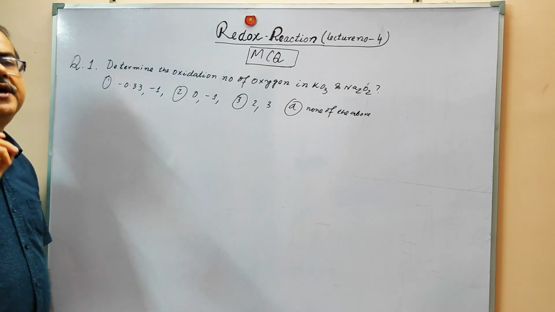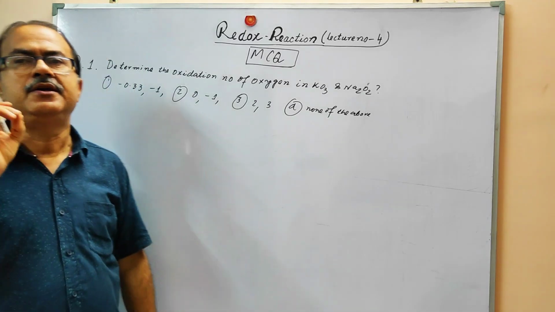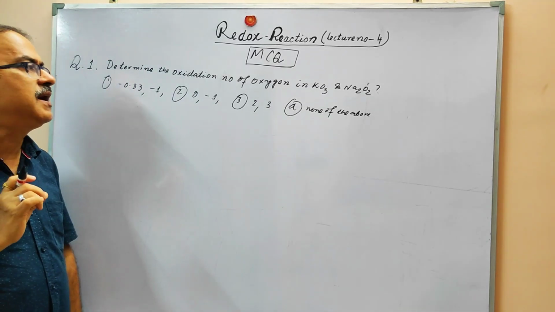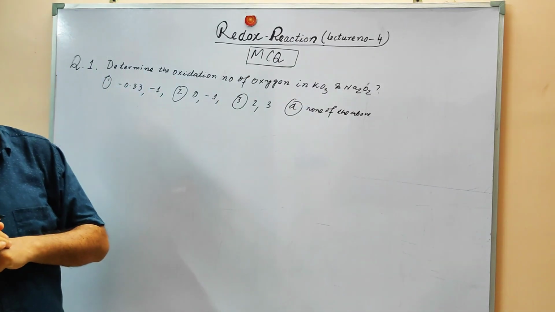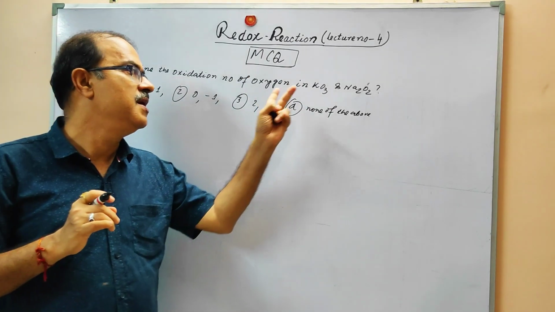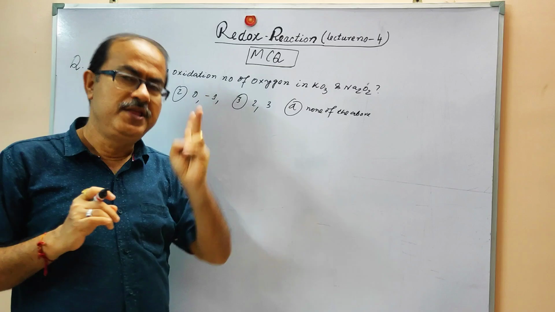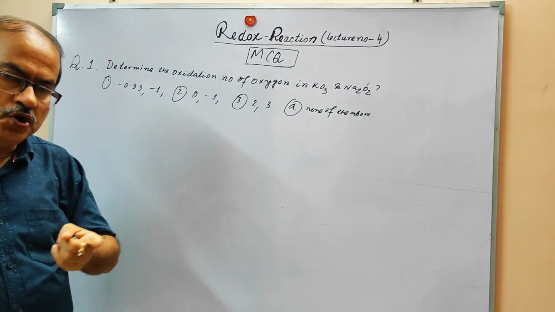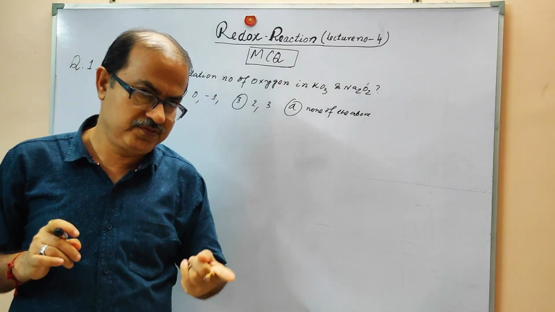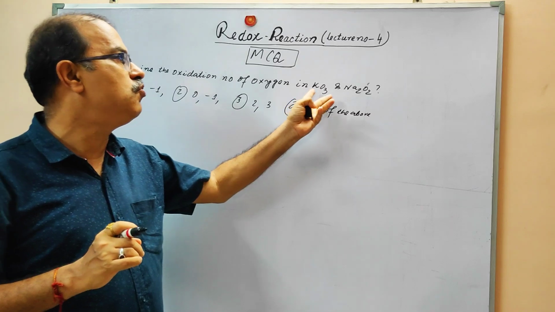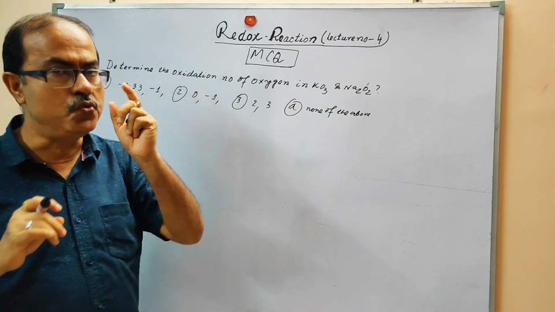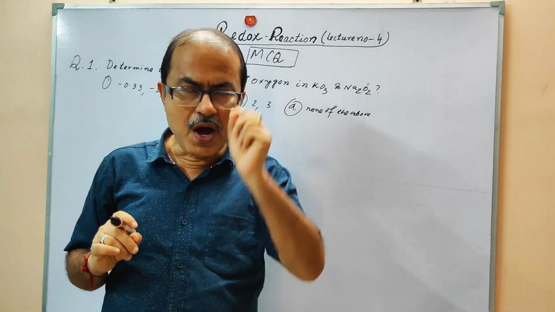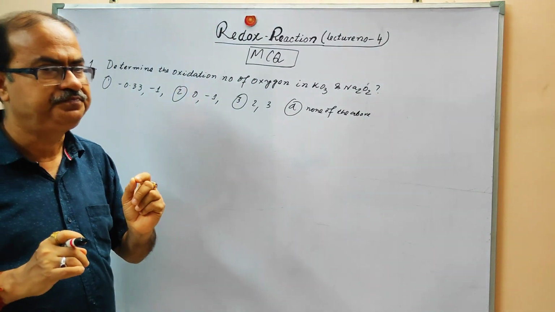When we determine the oxidation number, you have to see the species given for examination, whether the species is a neutral molecule or an ion. Here both are neutral molecules, and we know the oxidation number of one of the elements.